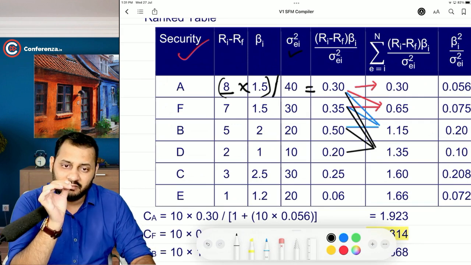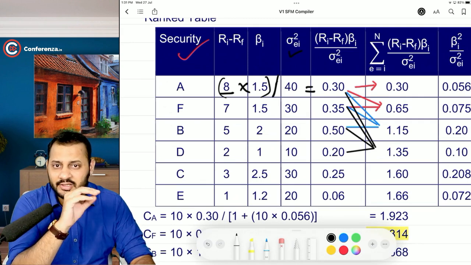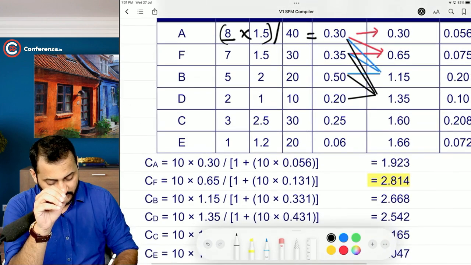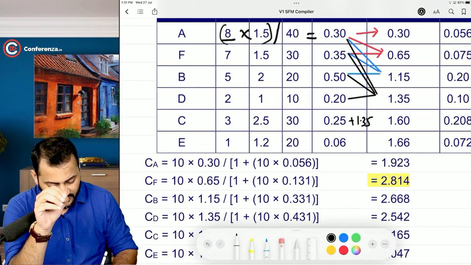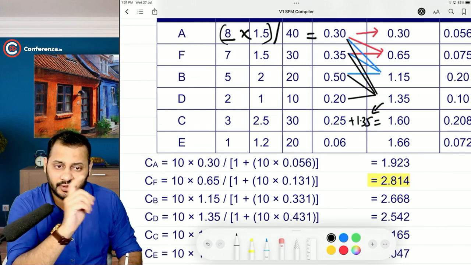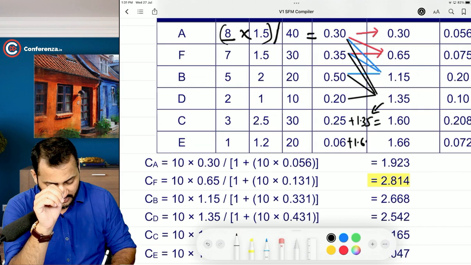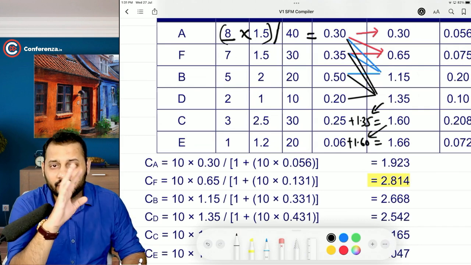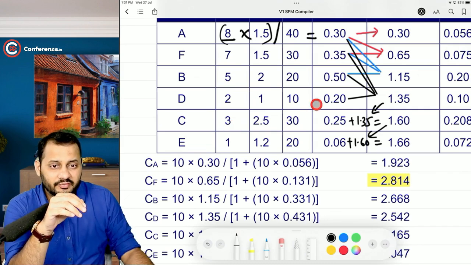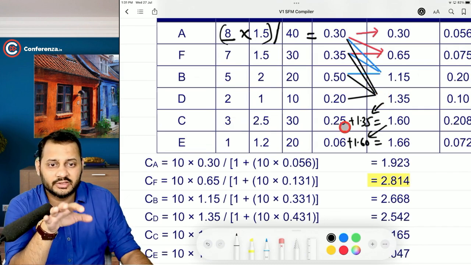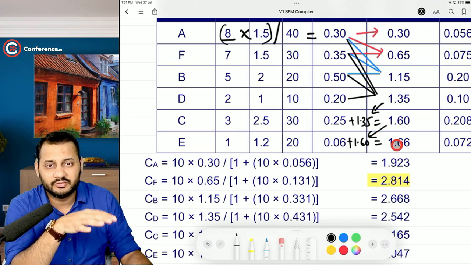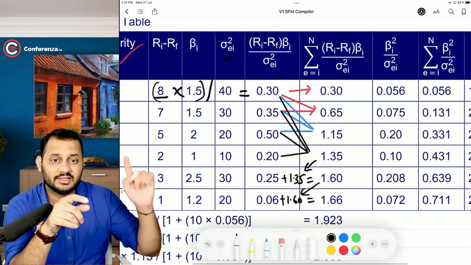And if you have understood what all figures are included at any point of time, you can just add. Plus 1.35 to get 1.60, plus 1.60 to get 1.66. If you want to reduce the calculation, you can do that easily because rest of the figures are included in 1.35. Just add 0.25 in it and you will get this answer. Just add 0.06 in 1.6, you will get this answer. So this is what the summation is.